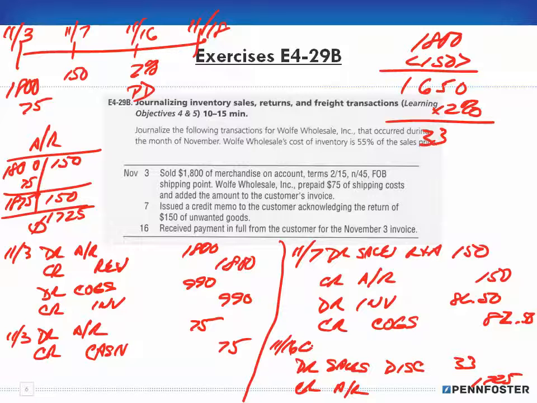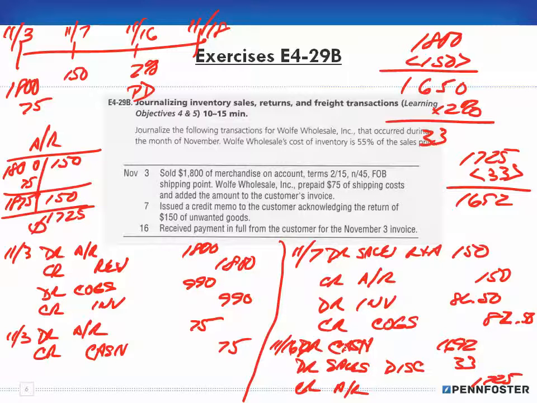Now we can back into how much we pay for cash. Oops, that's a debit to cash. We can back into our debit to cash because we could just take 1725 less 33 and get 1692. And that would be our debit to cash. Notice I didn't go and do a whole lot of calculations there.